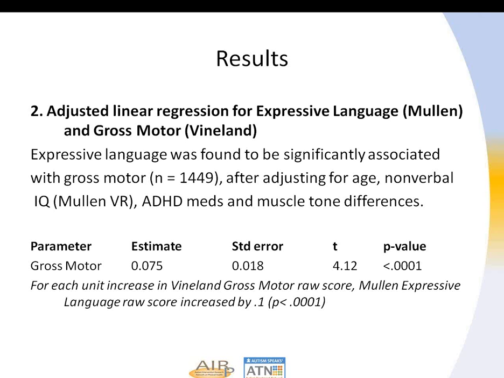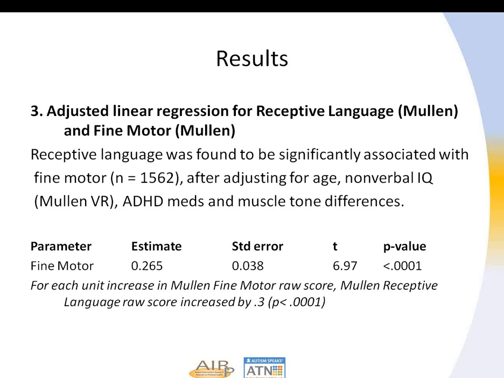So for each increase in gross motor score, the Mullen expressive language score increased by 0.1. So expressive language is associated with both fine motor and gross motor in these two slides that I've just presented. In this next one, we look at receptive language and fine motor.